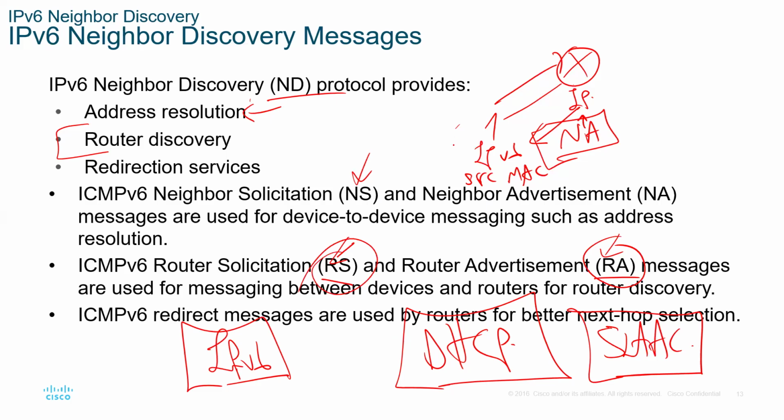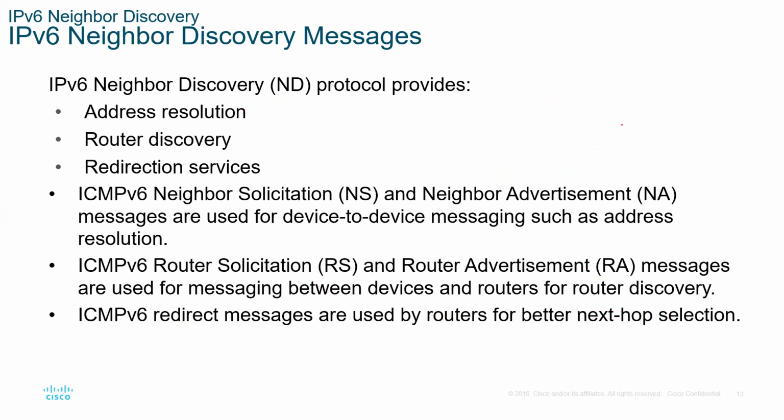I think we'll deal with RS and RA later. But what is important to understand at this point is how IPv6 MAC addresses are resolved. There is an exchange of the neighbor solicitation. To solicit is to ask. So you ask, I have this IP address, I need some information. Then the router responds with the advertisement.